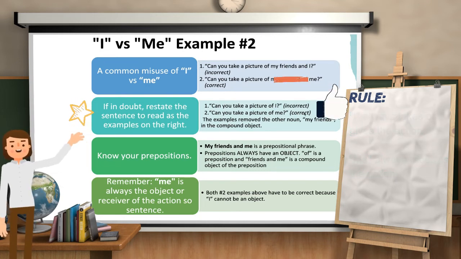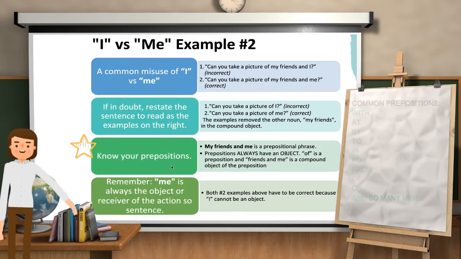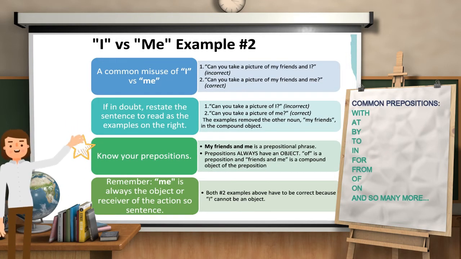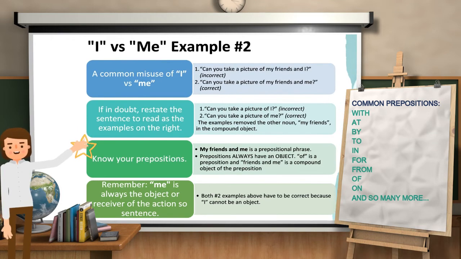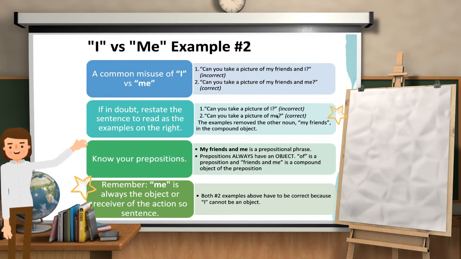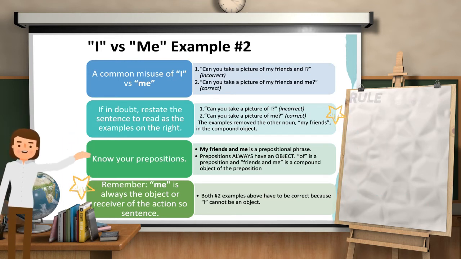That one is correct. Know your prepositions. I have my students go to Google, type in common prepositions, and list after list will come up. If students know their prepositions, it will help them to do this correctly, because me will always be an object of a preposition.